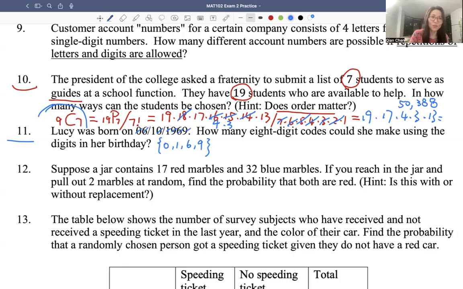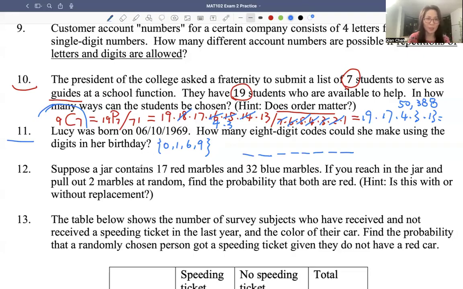That's it. So 4 digits there. So how many 8-digit codes? 1, 2, 3, 4, 5, 6, 7, 8. 8-digit codes could she make using digits in her birthday?